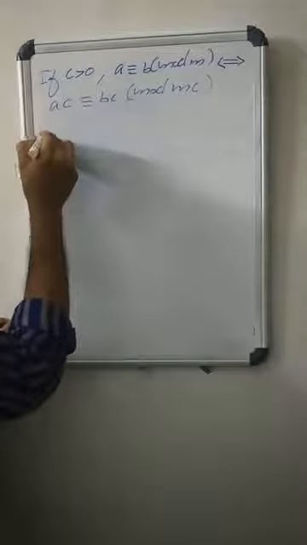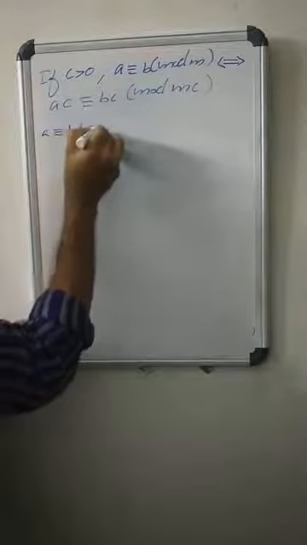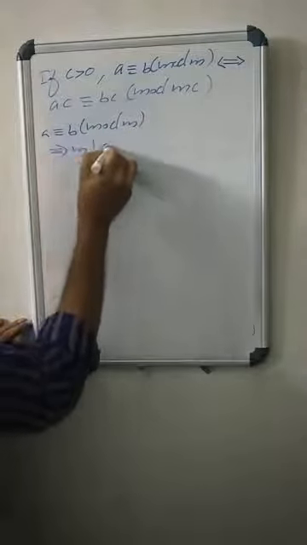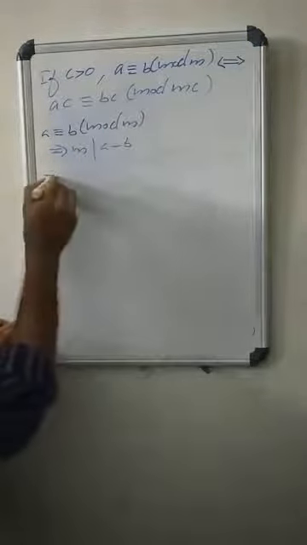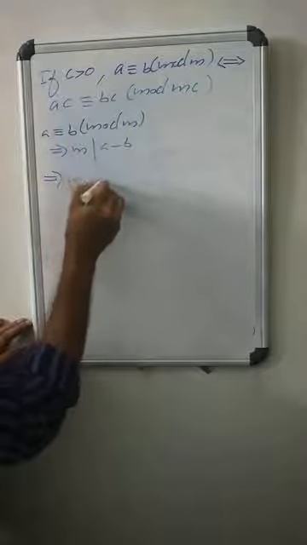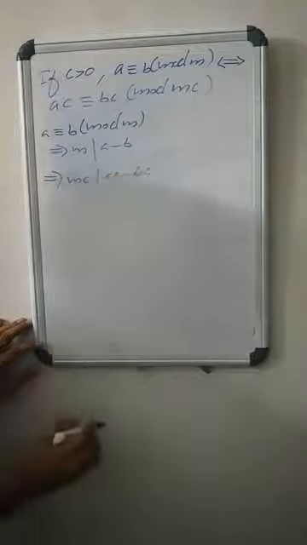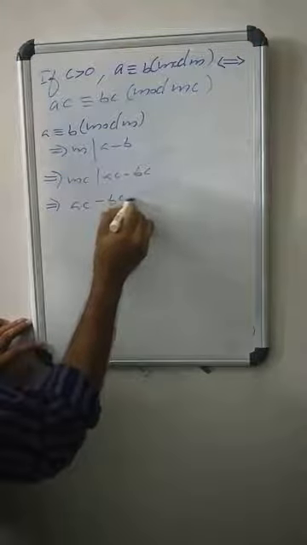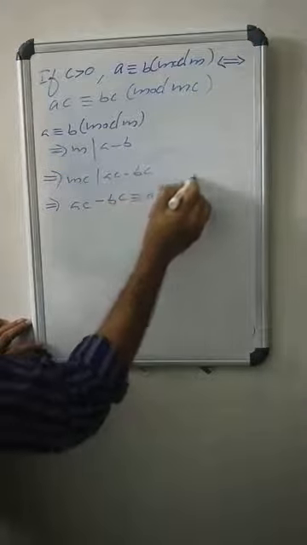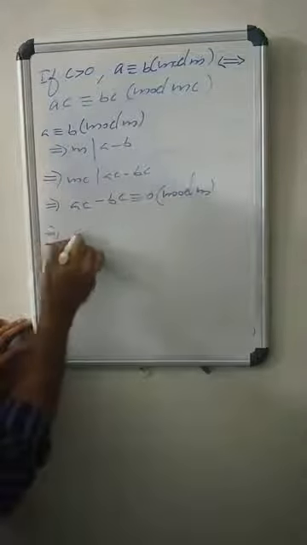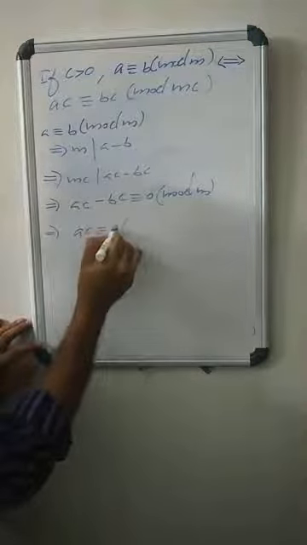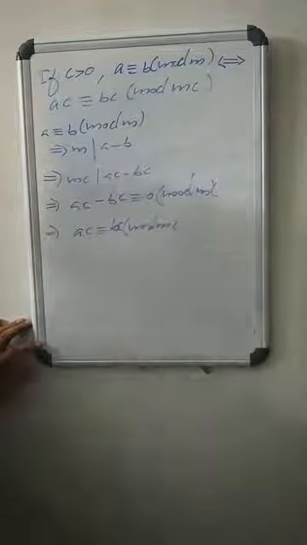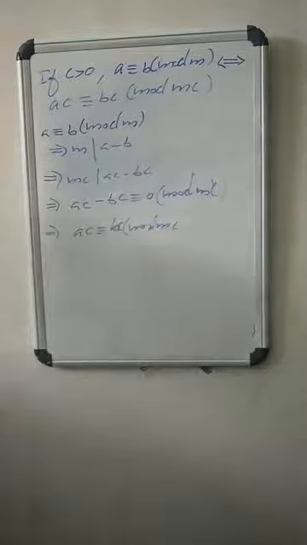When a is congruent to b mod m, m divides a minus b, which means mc divides ac minus bc, that is, ac is congruent to bc mod mc.